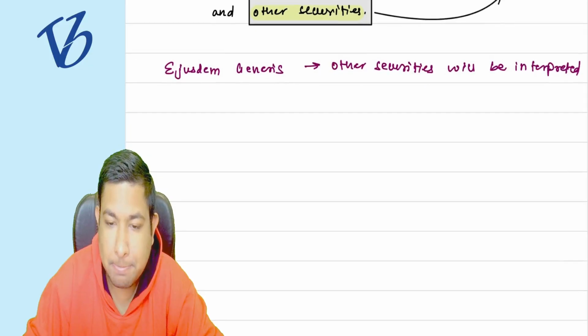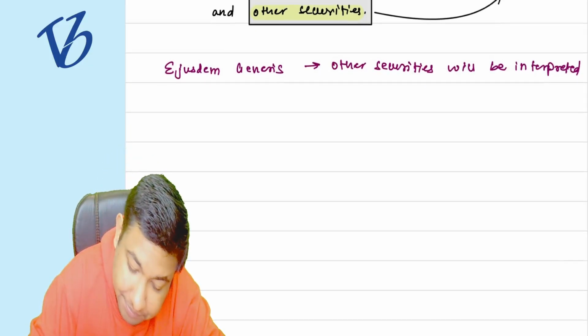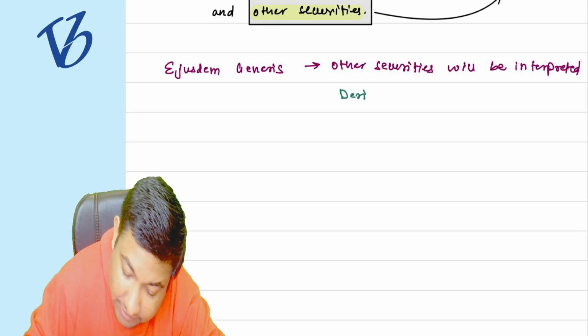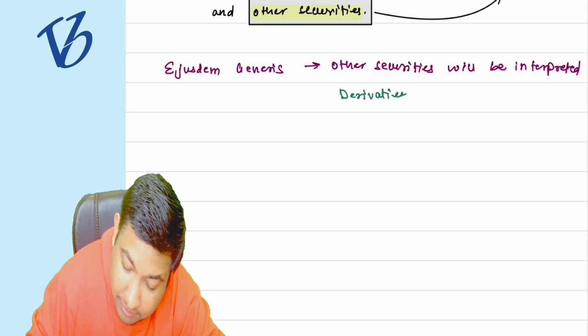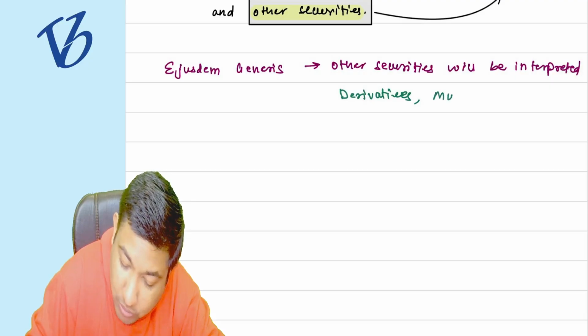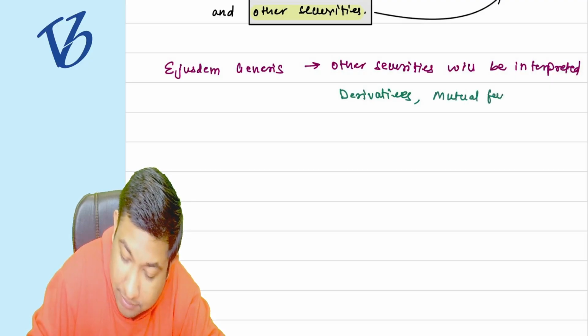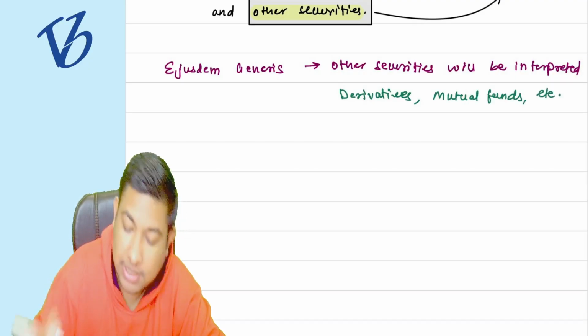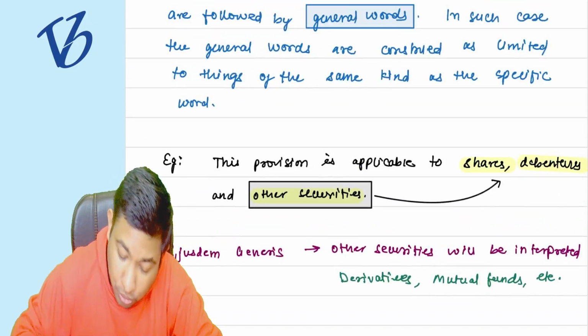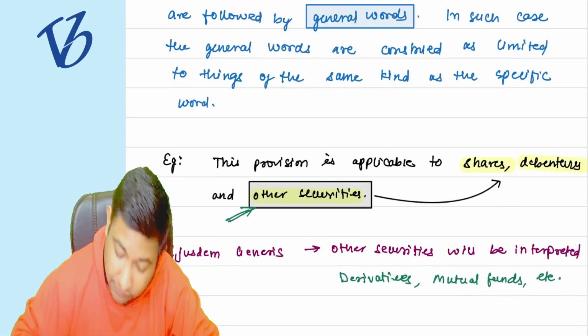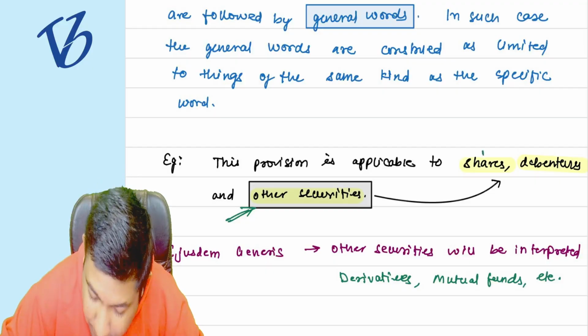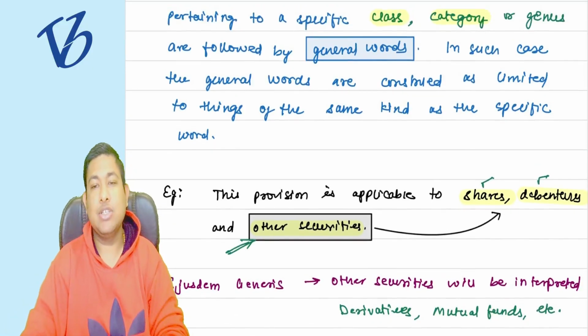Tell me. Might be derivatives, might be mutual funds, etc. Understood? So the general word will take its color from the earlier words, that is, the shares or debentures.